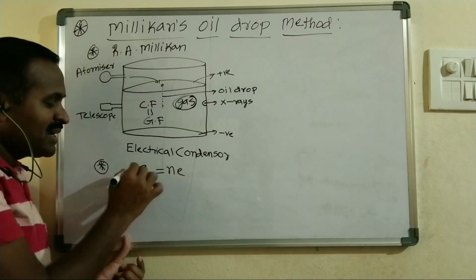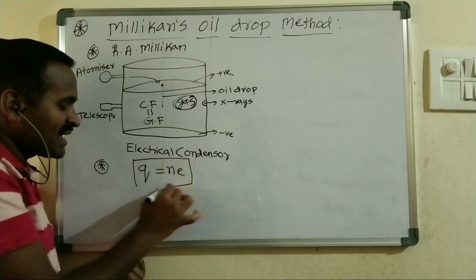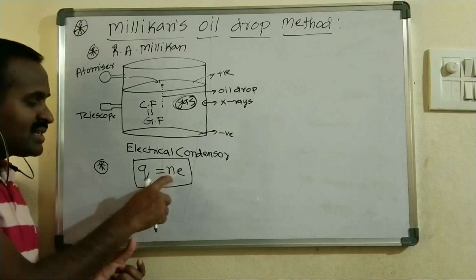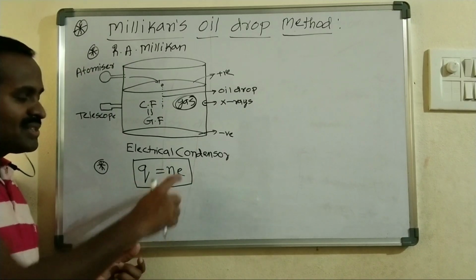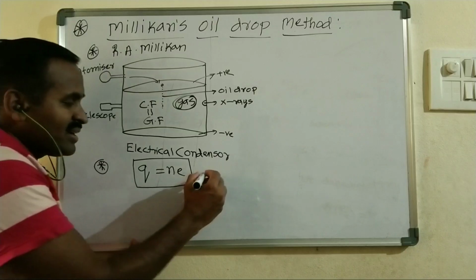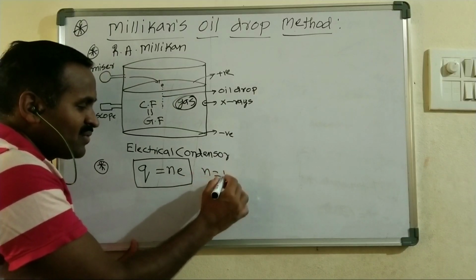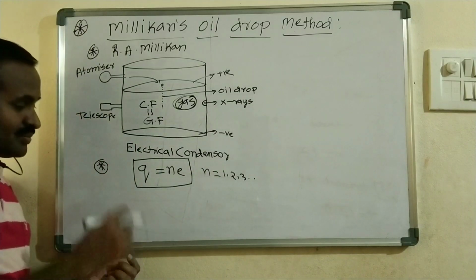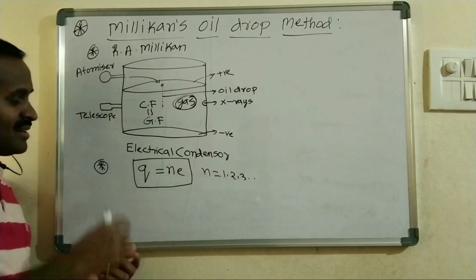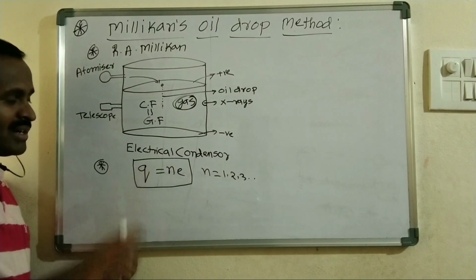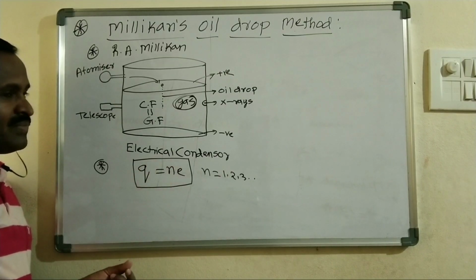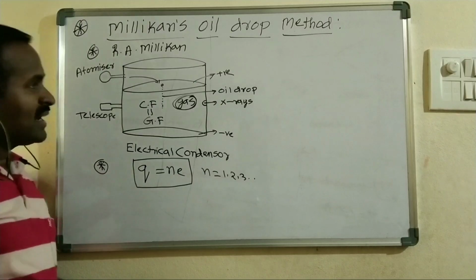Mathematically, we write that the electrical charge of the oil droplet Q is always an integral multiple of the charge of the electron, where n is simply 1, 2, 3 and so on, a simple number. Right? We are taking the electrical condenser.